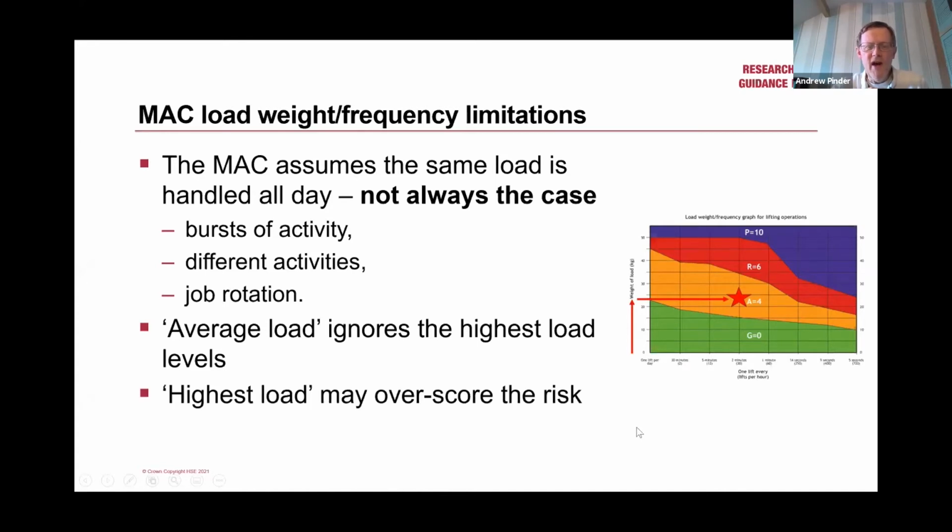But if you just look at the highest load and say, oh, we'll treat it as if someone's handling that load all day, every day at this frequency, then you're probably overscoring the risk, because if the average is much less, then you're overestimating the cumulative load, the total load.